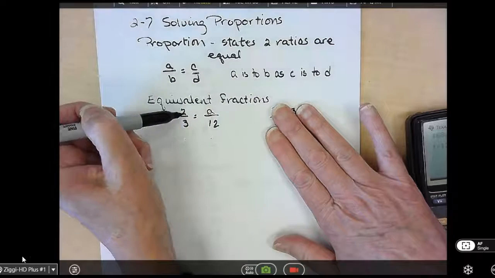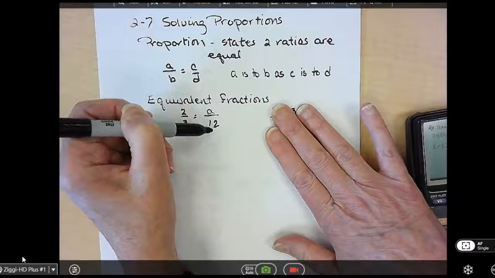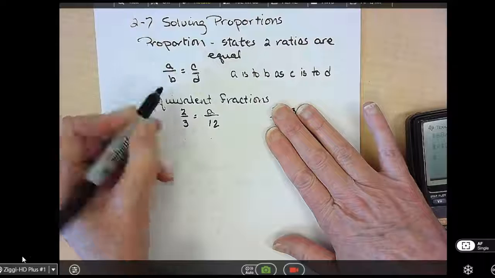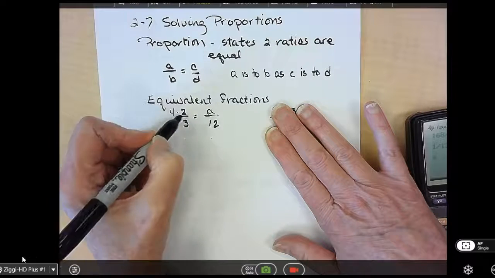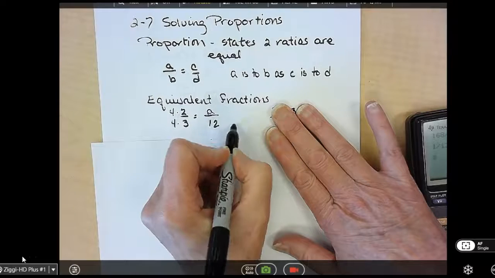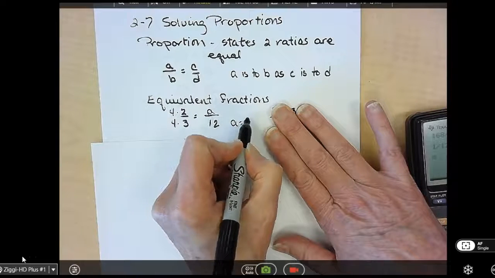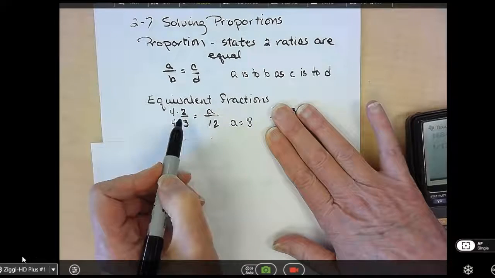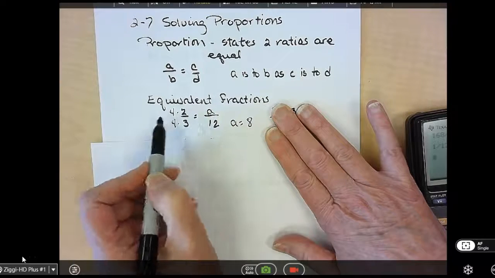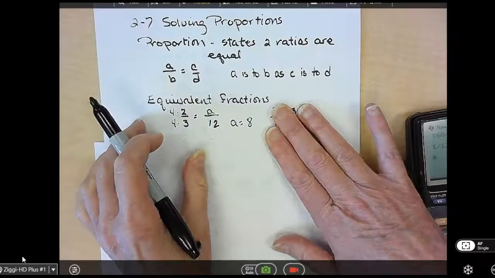So if you have 2/3 equals A over 12, 3 times 4 gives you 12, so 4 times 2 has to give you A. So we know A equals 8. We can just convert 2/3 to 8/12, and they will be equal to each other.